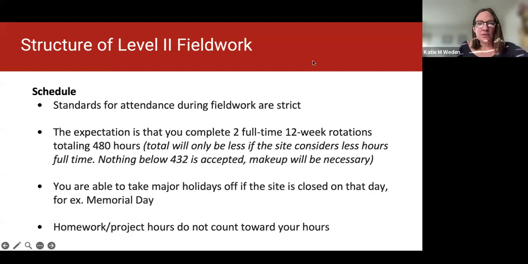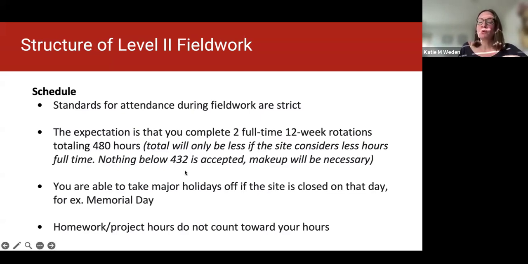Okay, so the schedule. We've talked about this a little bit already. Standards for attendance are quite strict. This is a time in your life where you are asked to really plan for this, that you're expected to really be there. So the written code, I need to have you guys have completed at least 12 weeks and at least 480 hours.